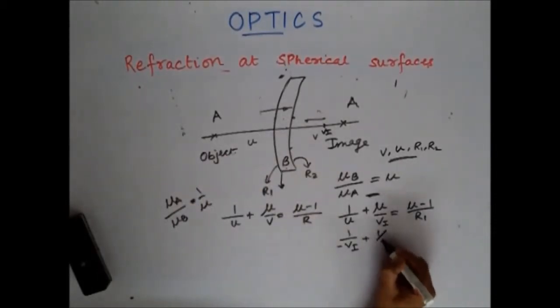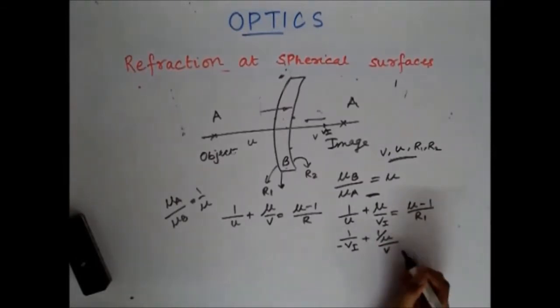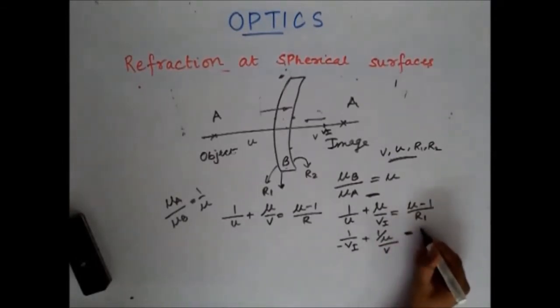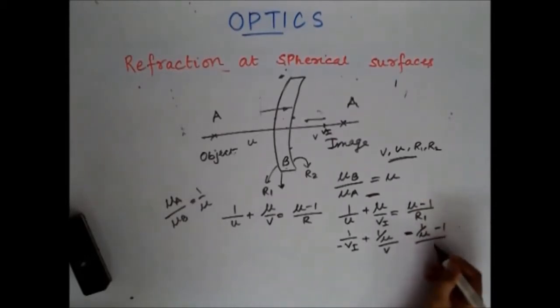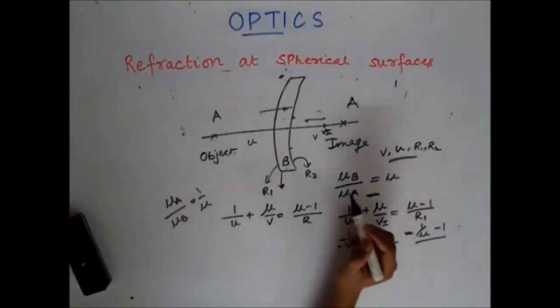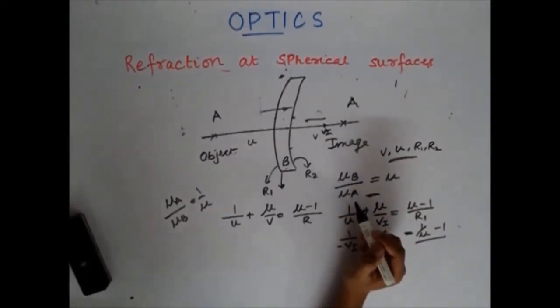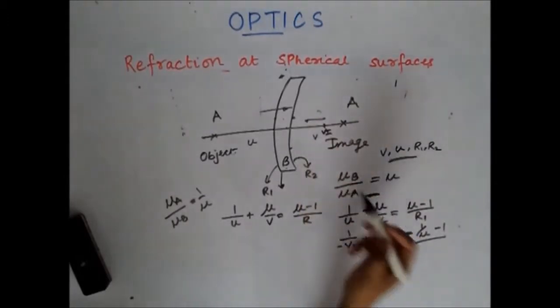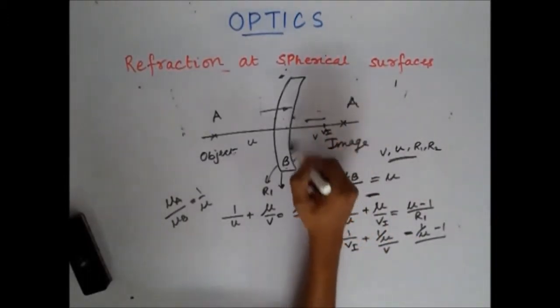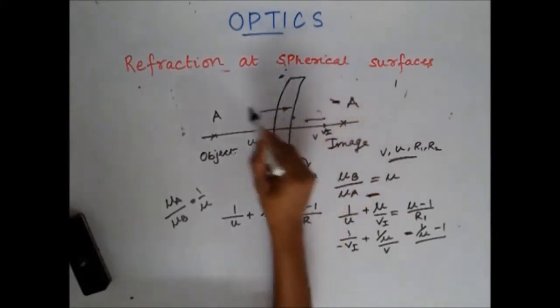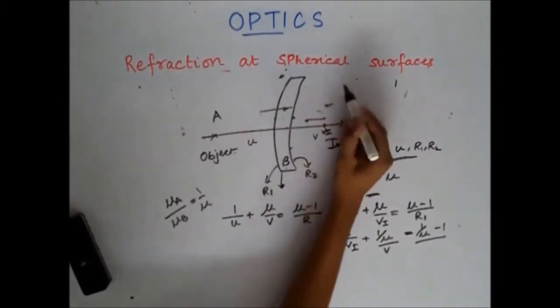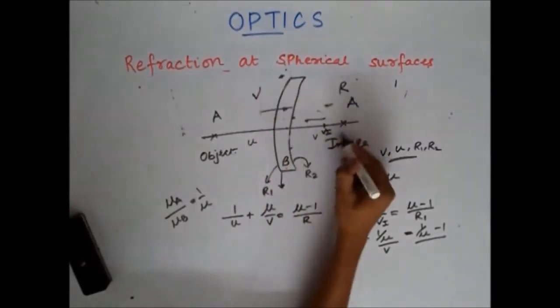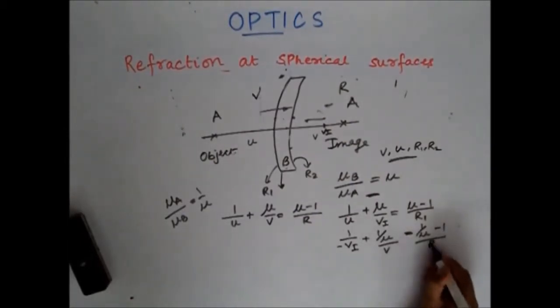So it's (1/mu) divided by the final image v. This is equal to (1/mu - 1) divided by R2. R2 is positive because for this surface, this is the real space, this is the virtual space. R2 lies in this space, so it's positive.